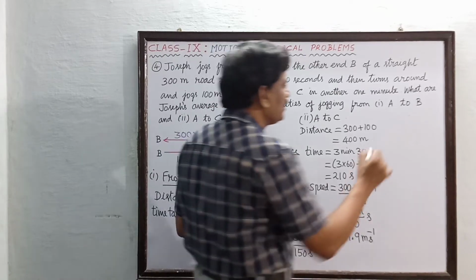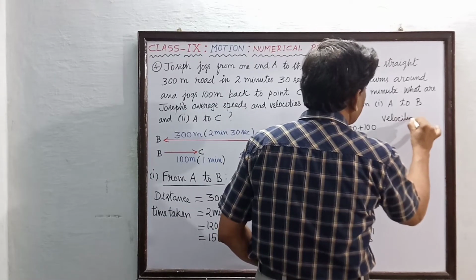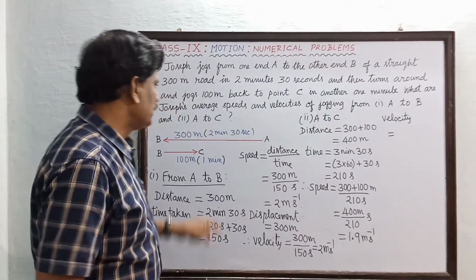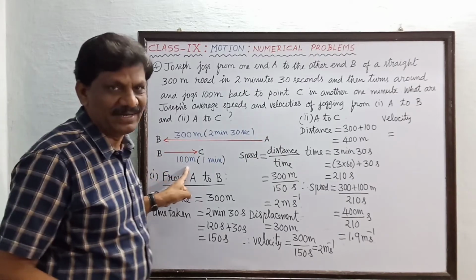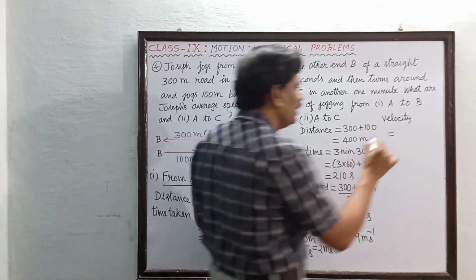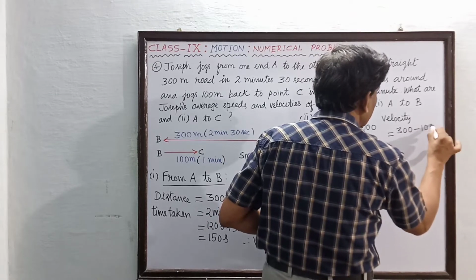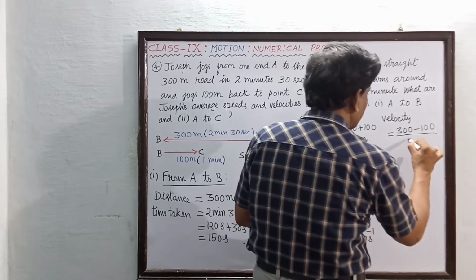So what should be the velocity then equal to in this case? In the second case now velocity is equal to displacement by time. So this is 300 minus 100. Displacement is how much? So this is equal to 300 minus 100 divided by the time, which is 210 seconds only.